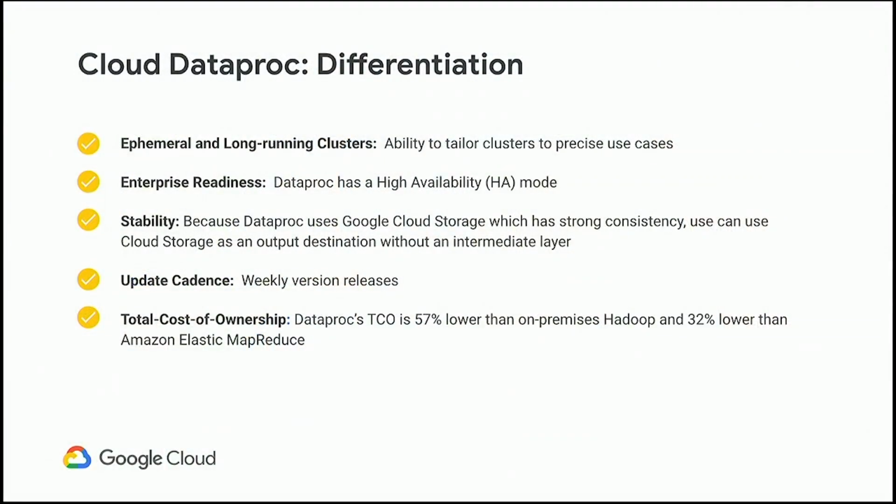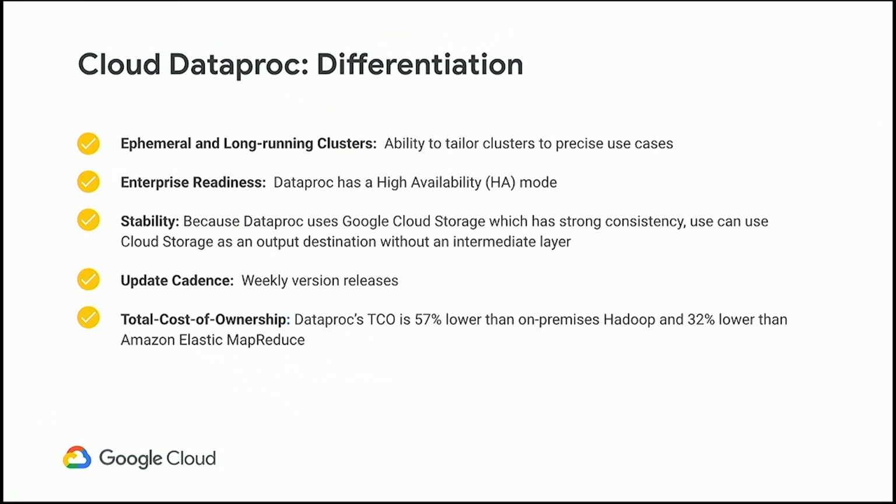We have both a high availability mode as well as strong consistency on our storage backend, which is Google Cloud Storage. And we even received external validation from an analyst firm, ESG, that Cloud Dataproc's TCO is less than half of on-prem clusters, and even 32% less than some of our cloud competition, like Amazon EMR.